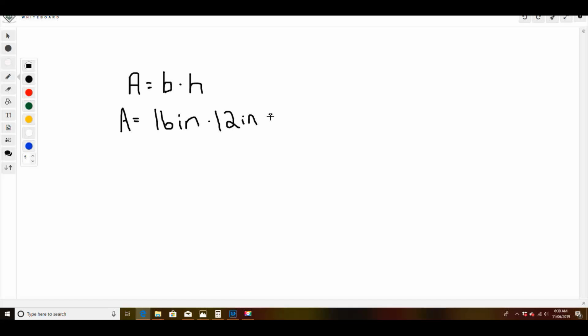I'm not going to do the calculations, but you're going to multiply 16 times 12. Now you need to remember, it's area. Area is always squared, so your answer will be in square inches. Don't forget that. Now you can pause it while you finish that, and we'll look at C.